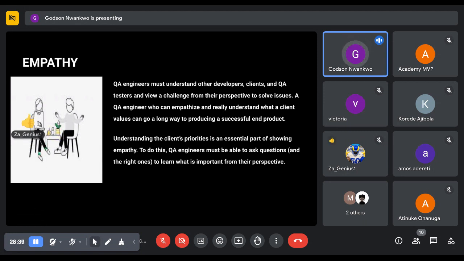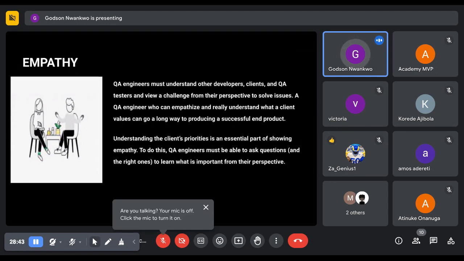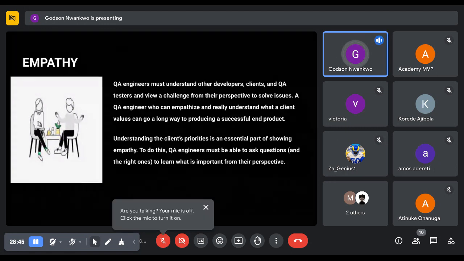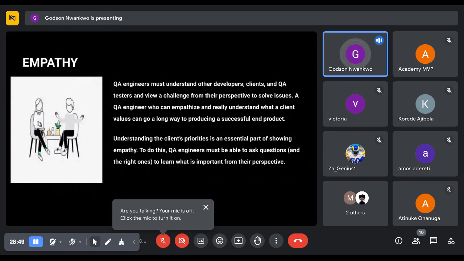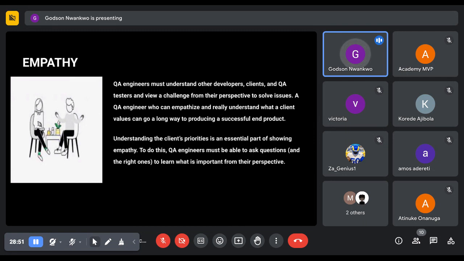My job is not only to find fault in what you have done, but I'm also here to make sure that you do it well. So I do that to give them a sense of belonging.